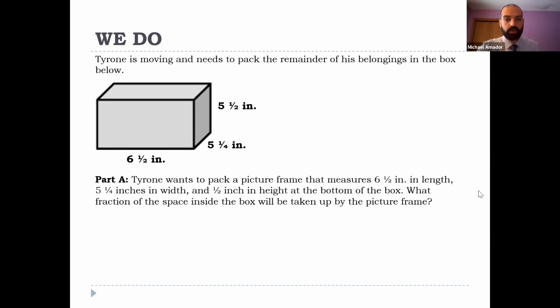Joseph, let's all give me a thumbs up or thumbs down if you think Joseph's on the money here. Are we looking to find the volume of the square? Thumbs up means he's got it right. Thumbs down, not quite. Are we looking to find the volume of this box?